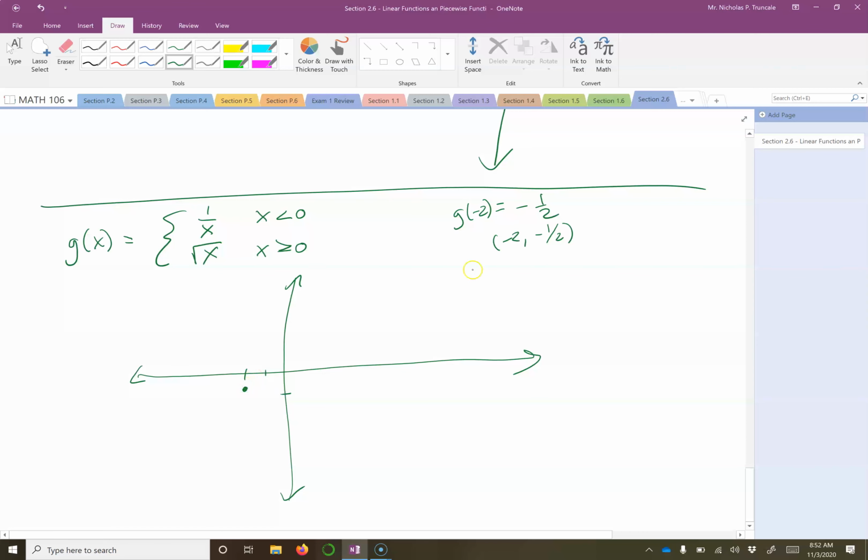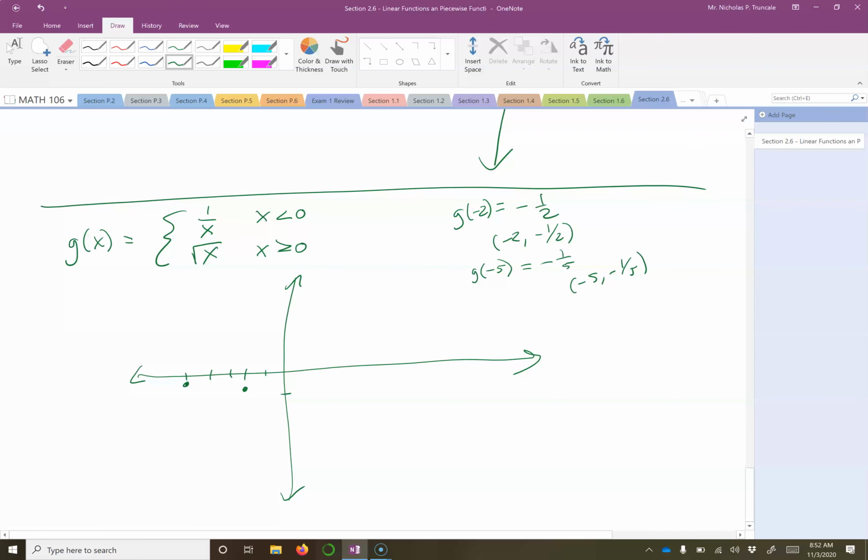And let's do one more. I'm going to do g of negative 5. We get negative 1/5. So it's negative 5, negative 1/5. Which is bigger, negative 1/5 or negative 1/2? The 1/5 is bigger. So it looks like as you go more negative, you get closer and closer to the x-axis.